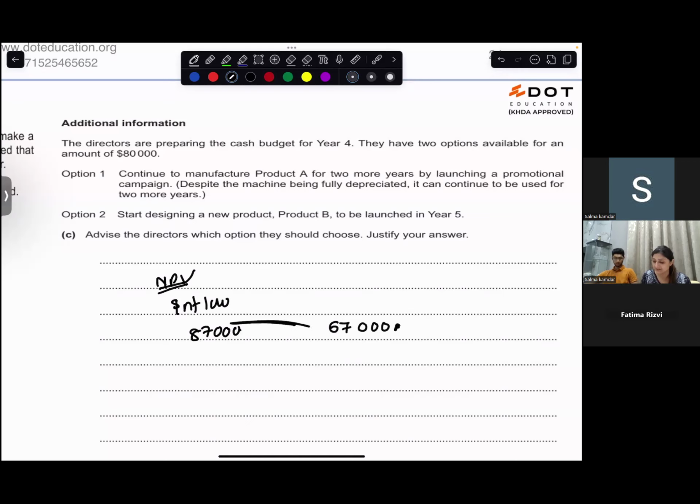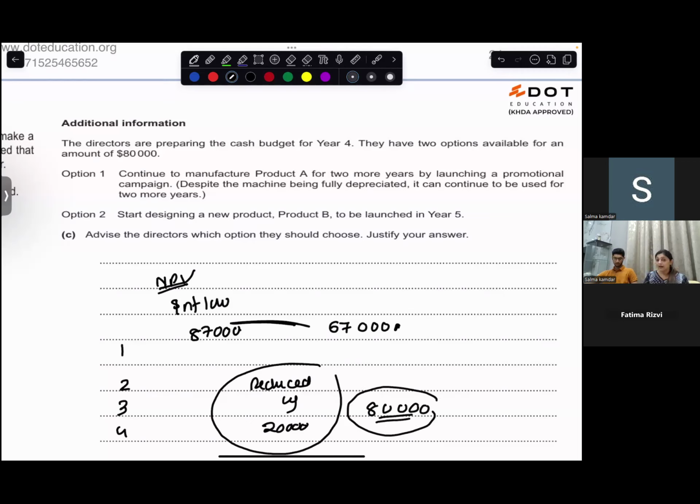Every year it has reduced by how much? 20,000. So this has reduced by in all 80,000. Every year the inflow is reduced by 20,000 and they are in a shortfall of 80,000.